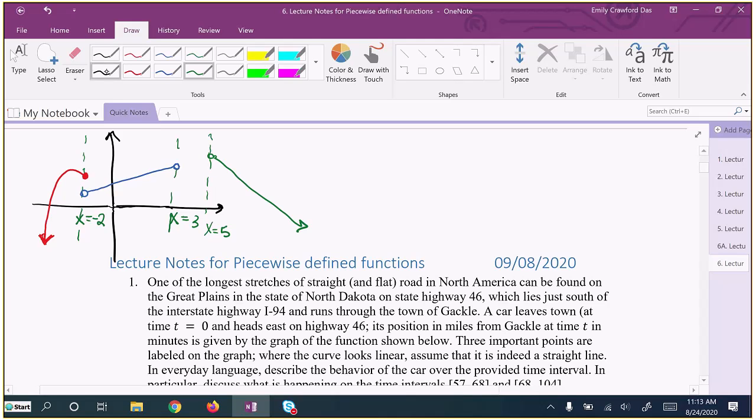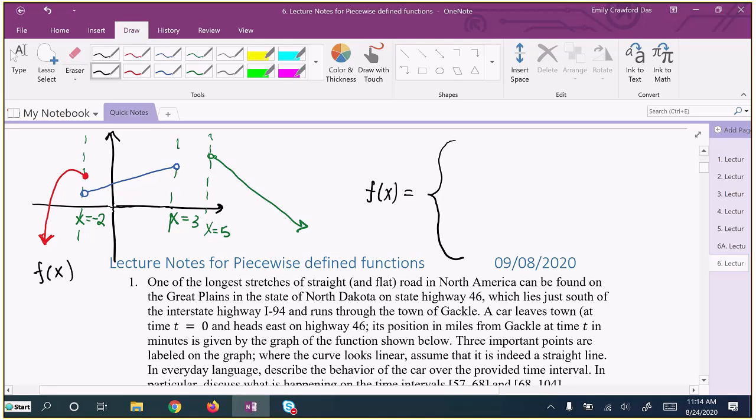Okay, now we know what a piecewise function is, so let's talk about the notation. If I say that I'm giving this function a name, and this function is called f of x, and this is the graph, how would I express this idea in algebraic form? Well, I would say f of x is equal to, and then I would start a bracket.